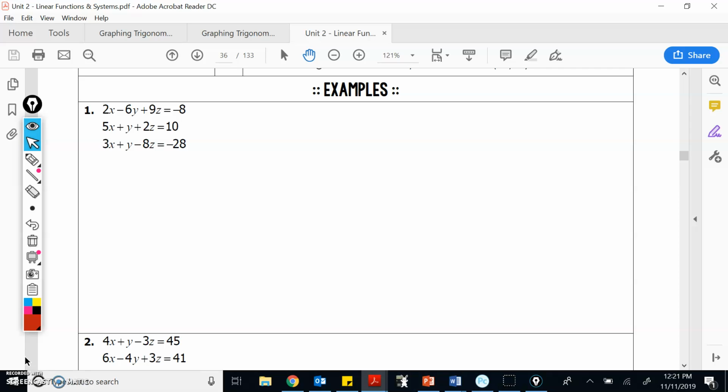Let's do number one. First, I'm going to pick two equations to simplify. I think choosing the second and third equations, where I have 5x plus y plus 2z equals 10, and then 3x plus y minus 8z equals negative 28.